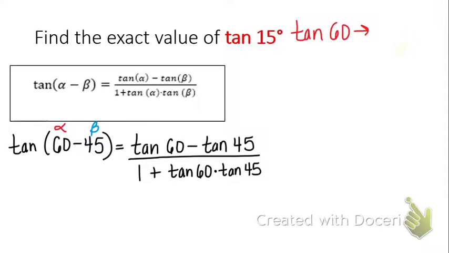So go ahead, do your keep change flip, figure out tangent of 60 degrees. Remember, tangent is equal to sine over cosine. Okay, so 60.